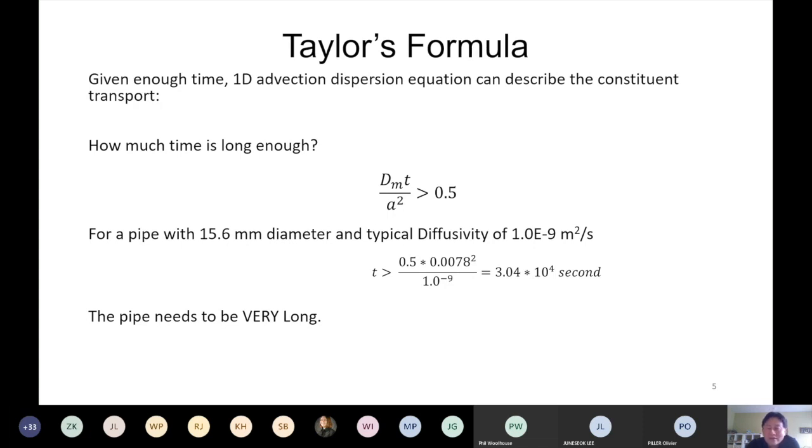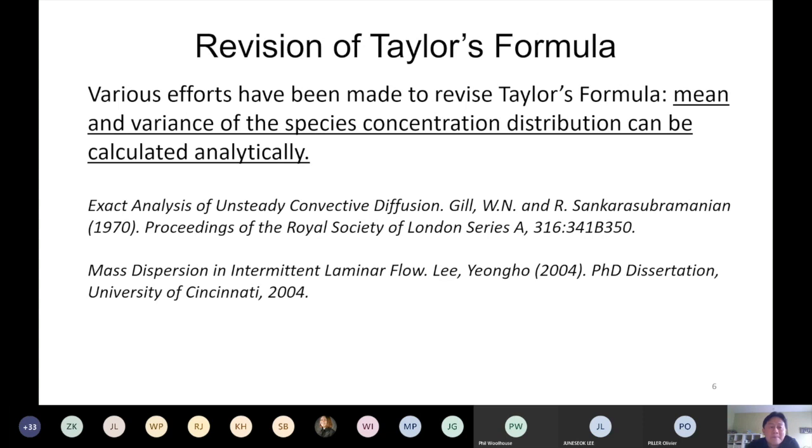And how long can the time be? For a half-inch pipe, with a typical diffusivity of 10⁻⁹ square meters per second, the time is like 30,000 seconds. So the pipe needs to be very, very long for this kind of equation to be applied. And we don't think that is the case in premise plumbing, right?